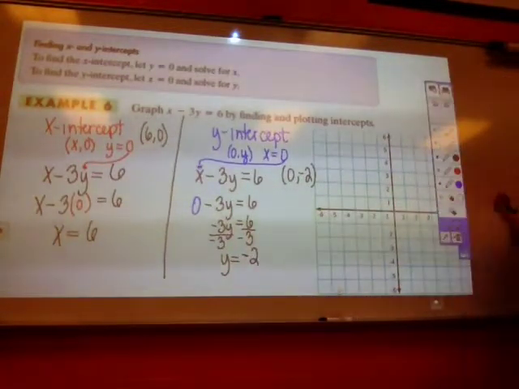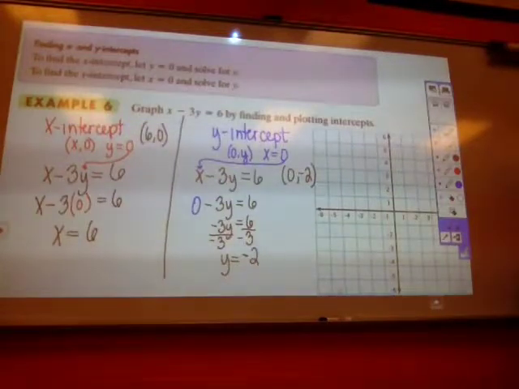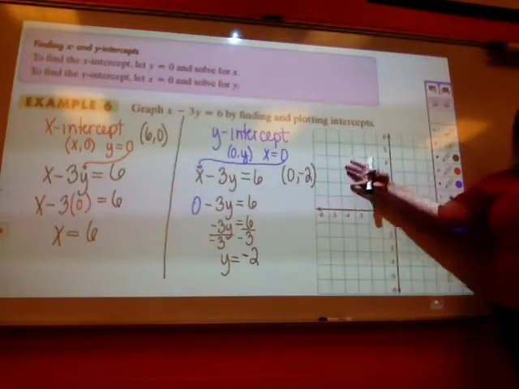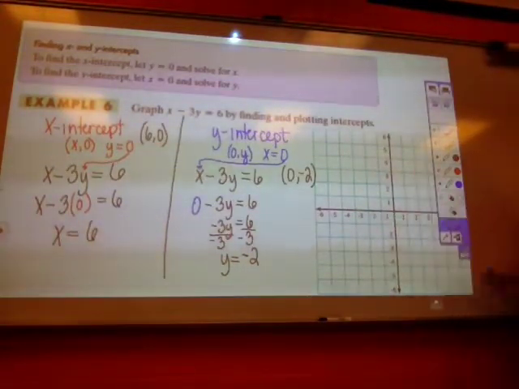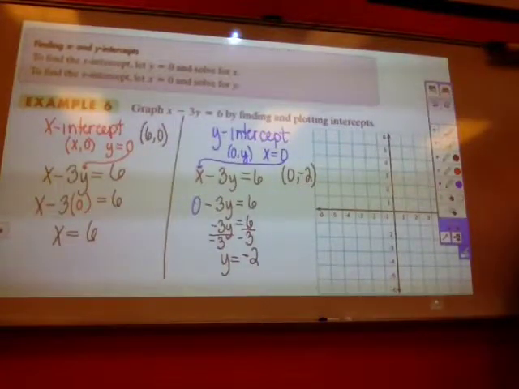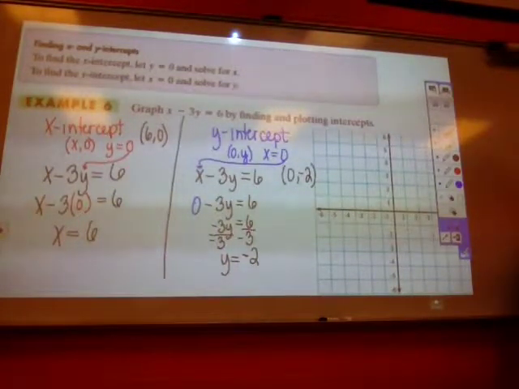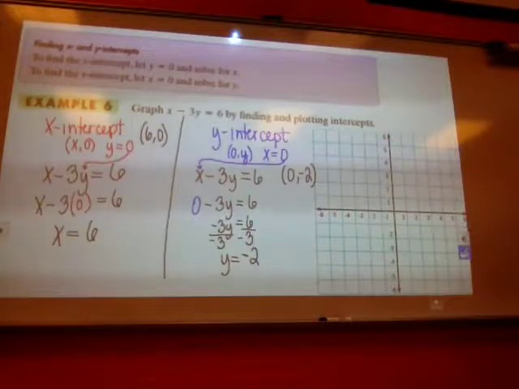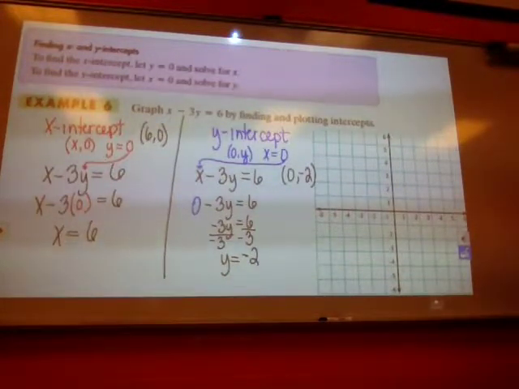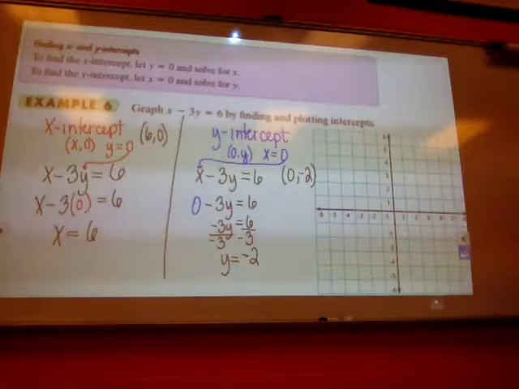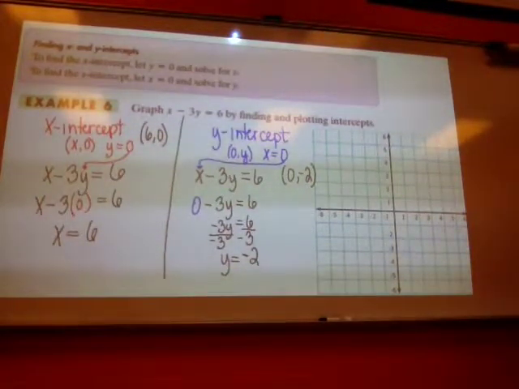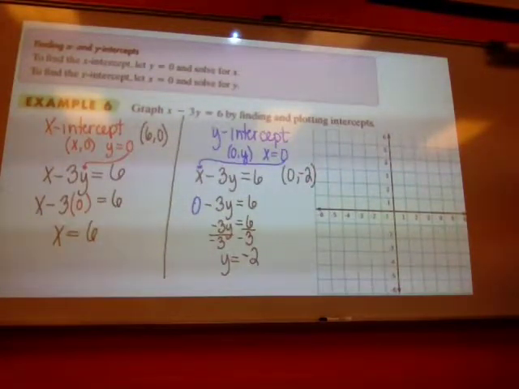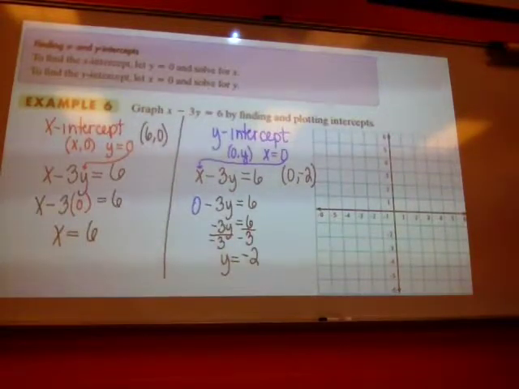So the only thing that's left to do is graph our 2 points. Go ahead and make a quick 6 by 6 graph on your paper, so go 6 in every direction. Where am I going to put my first point on my graph?